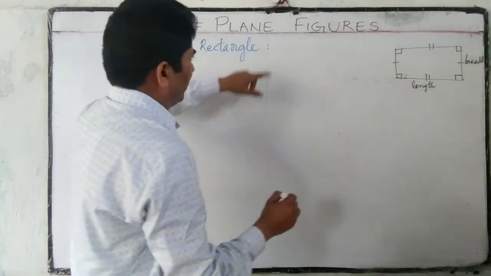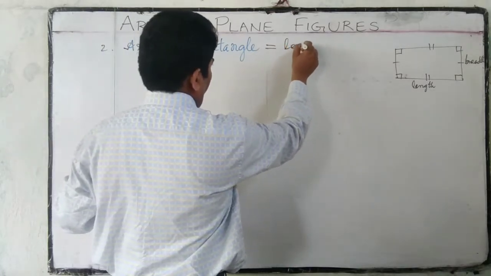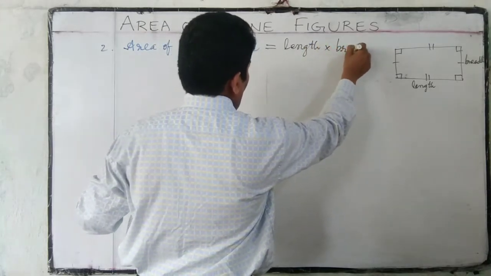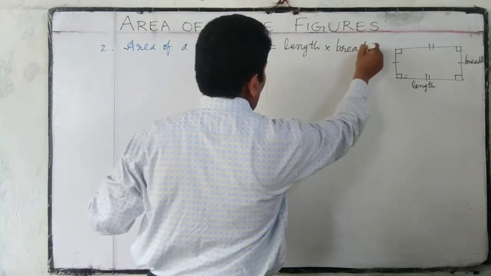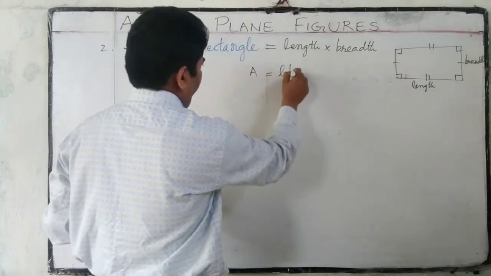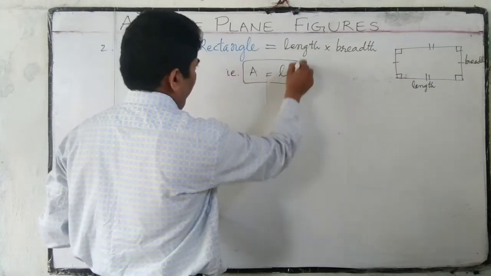So area of rectangle is equal to length into breadth. A is equal to LB.